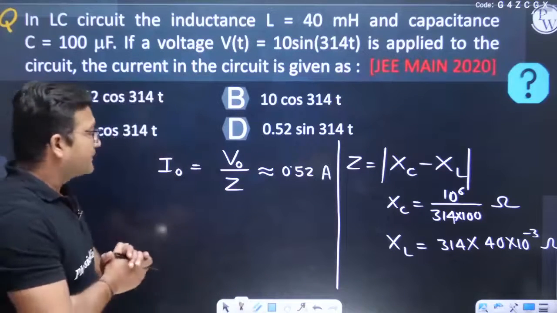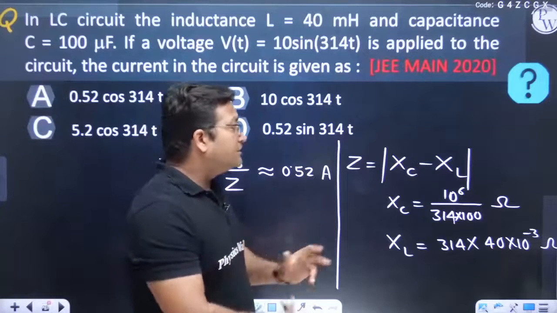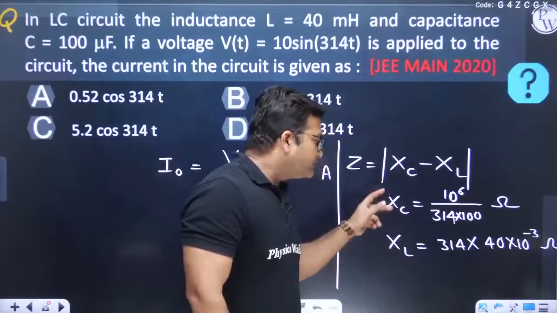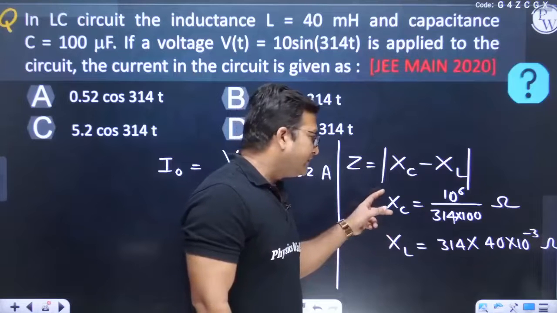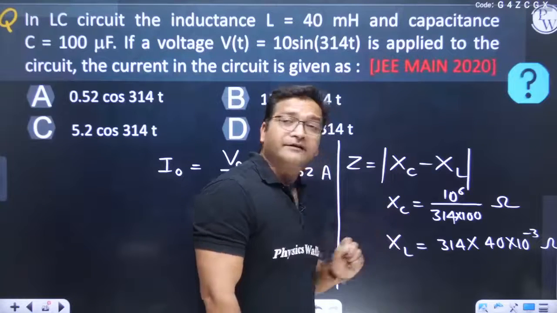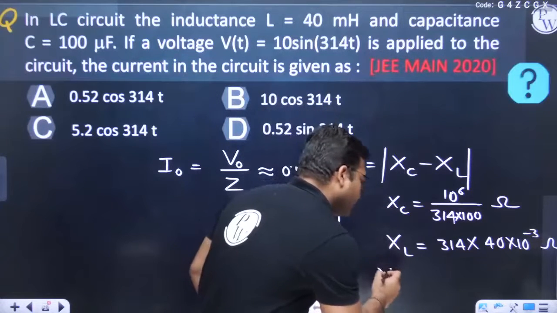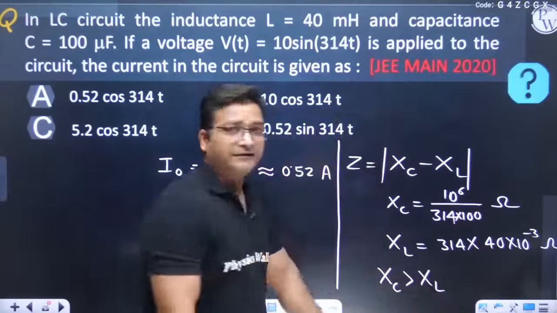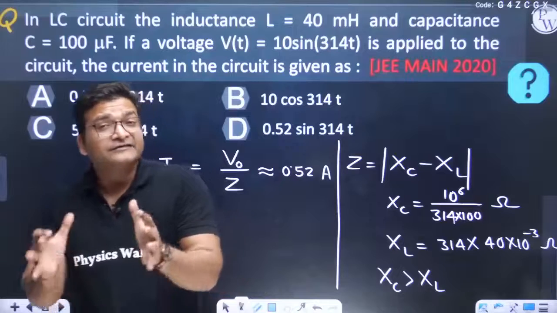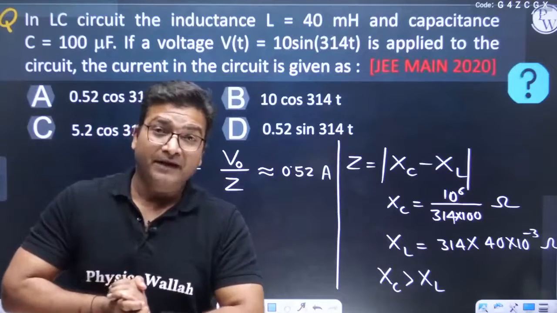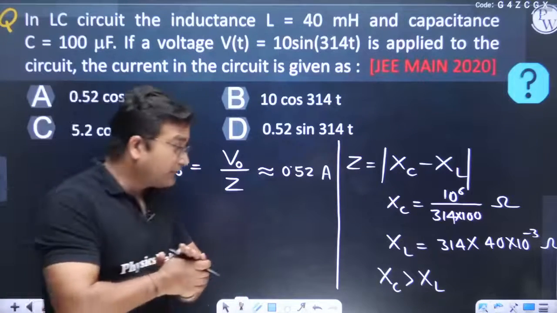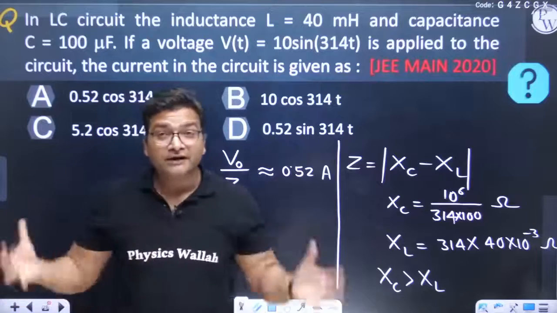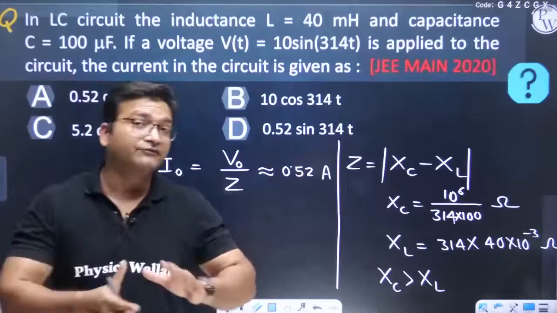Now, as you check these terms, you will notice that XC is bigger than XL. If XC is bigger than XL, the capacitance is dominating in this circuit.